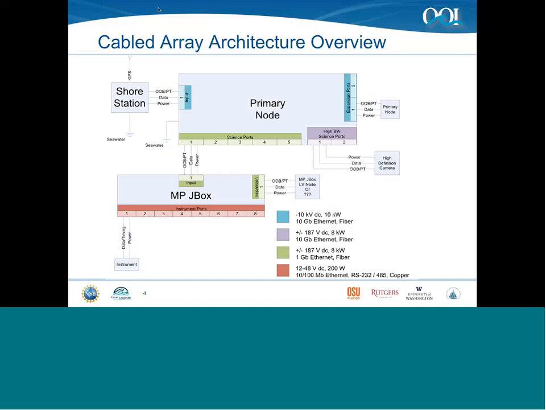We have a few flavors of junction boxes on the seafloor, and those interface directly with the instrumentation. A medium power junction box can support up to 8 instruments, and as Deb said, there are ports for expansion, so we can daisy chain those. We can put some lower power junction boxes on that support some lower power instruments, again up to 8 instruments.